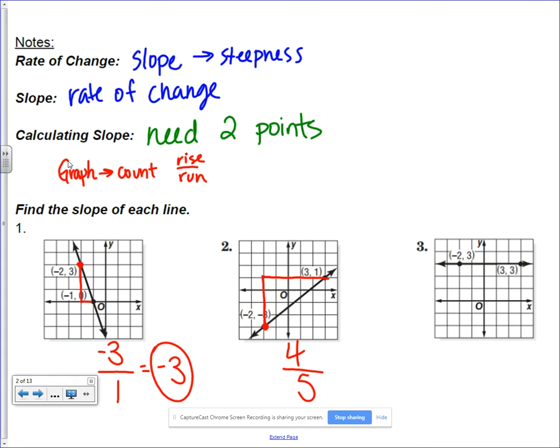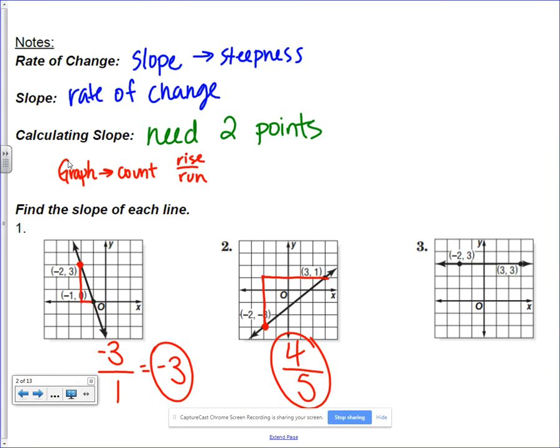In your calculator, put in 4 over 5. Does it reduce? Your calculator, if you divide it, will tell you 0.8. Folks, I want you to hear me loud and clear. You are not allowed to have a decimal for slope unless it's a word problem. Is this a word problem? So you're going to leave it as 4/5.